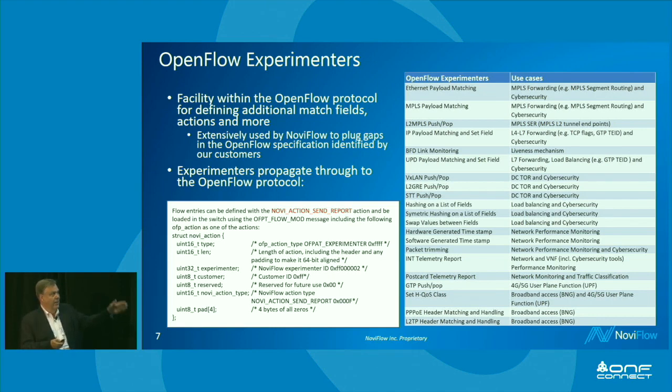And in all kinds of areas, like broadband access, MPLS WAN, data centers, all kinds of use cases that our customers are using this for. So that's really the OpenFlow story as it evolved.